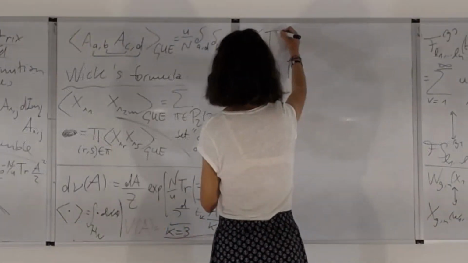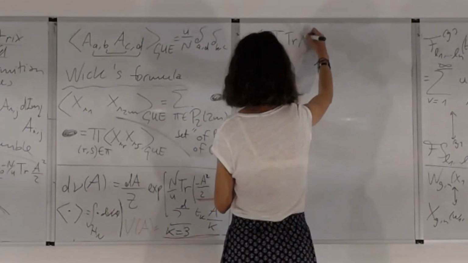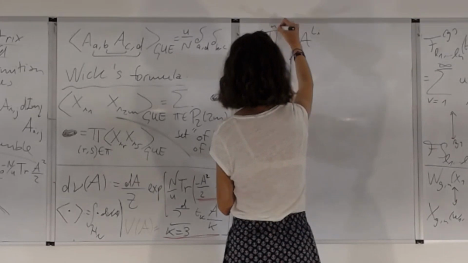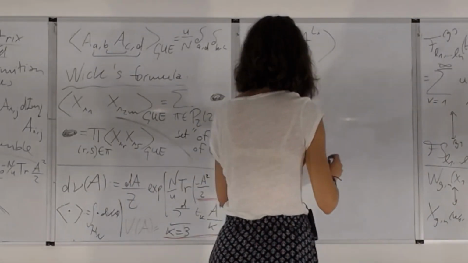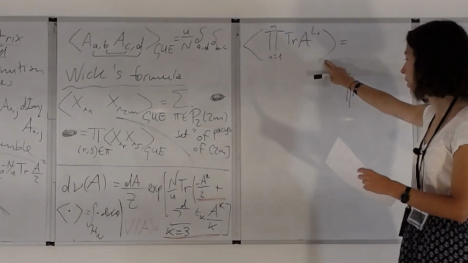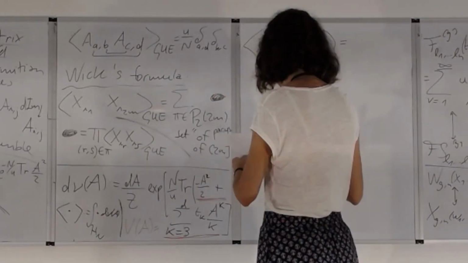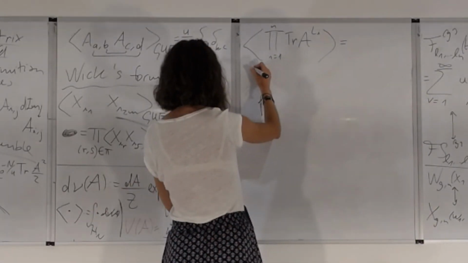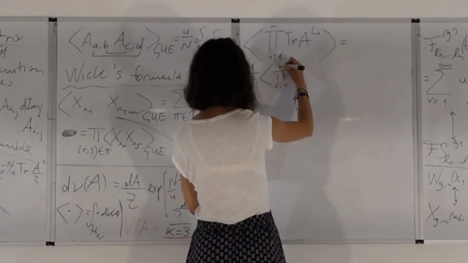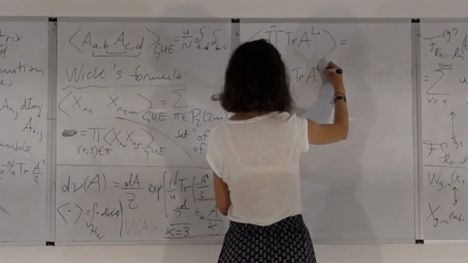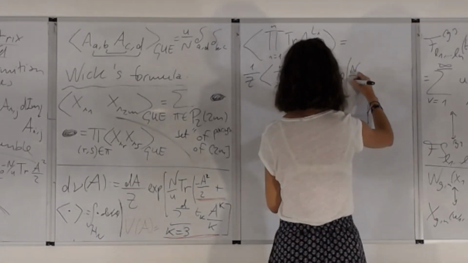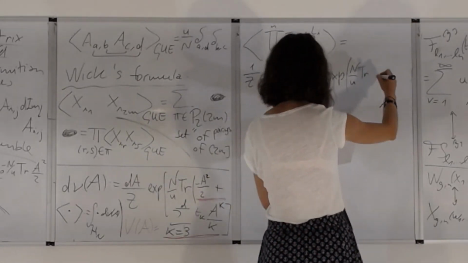So here I write the product of traces of matrices. I guess most of you saw these things many times, but maybe not all the details. So we want to compute the correlators, I mean the expectation values without the GUE. So I just expand it. This is an almost trivial step, but let me do it for clarity. I'm just putting again what this means and writing instead the GUE bracket.